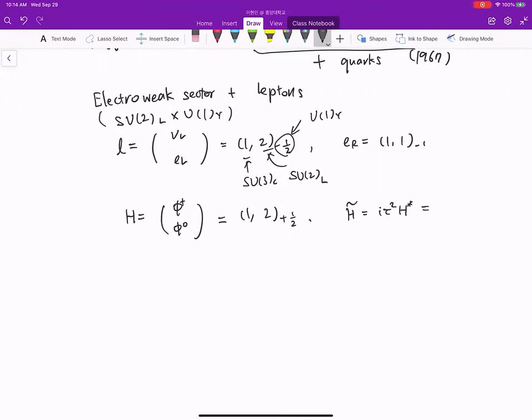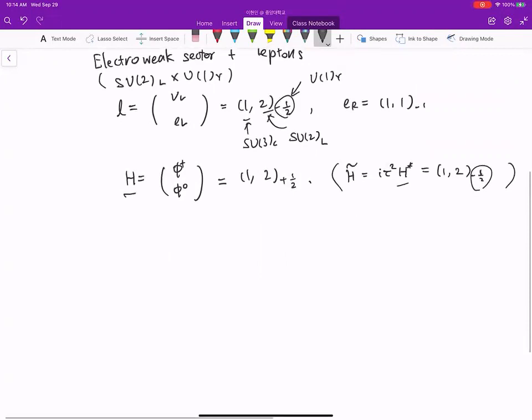But this is not introducing an additional scalar; it is the same Higgs doublet, you can take the complex conjugate, and tau2 is the Pauli matrix. So in this case, the gauge quantum number: SU(2) is still a doublet, but the hypercharge is -1/2 instead of +1/2. This is important for masses for quarks. For leptons, you don't need it.